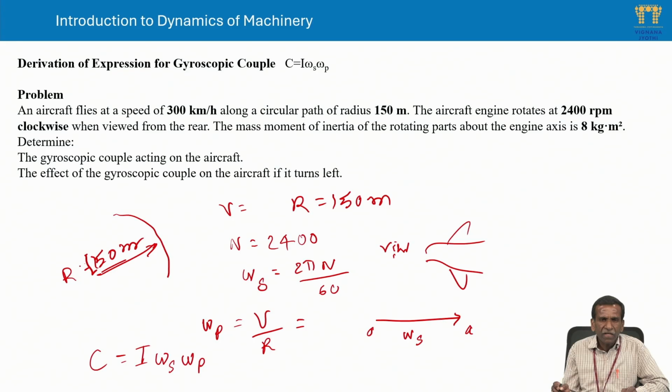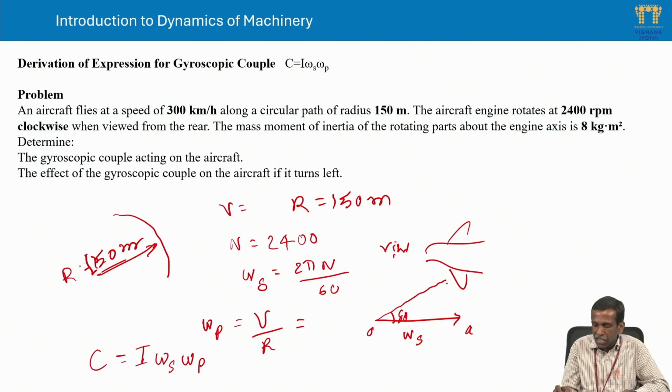Let us say the aircraft is taking a left turn. Left turn means this entire spinning axis is going to be rotated. If you see from above, it is anti-clockwise movement, delta theta angle. Delta theta by delta t is equal to omega p.